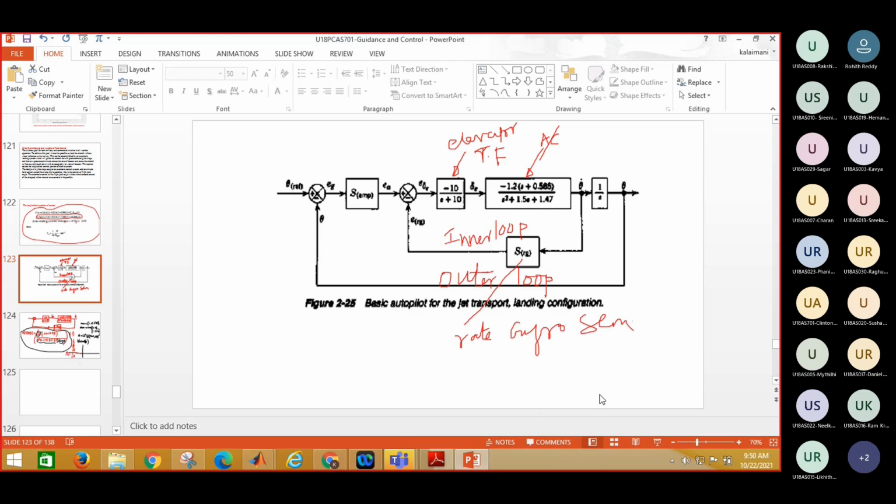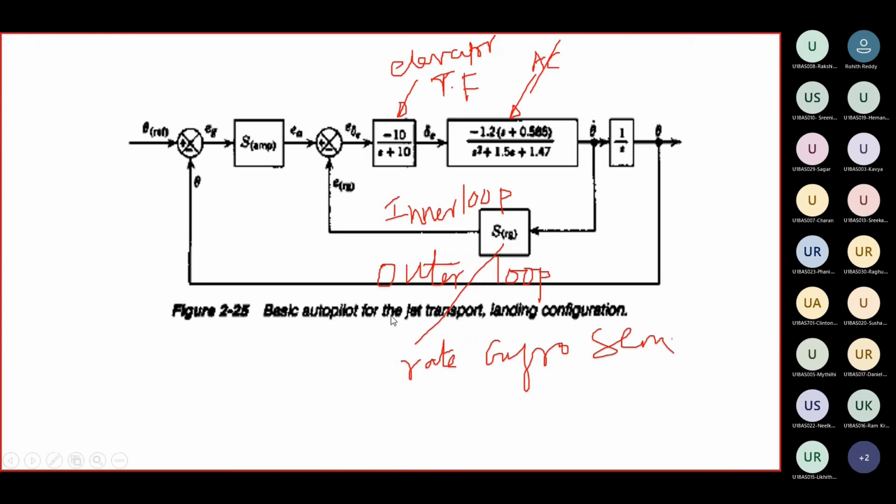So now, while sketching the inner root locus, we select your rate gyro sensitivity value. That means here this SRG, which we can consider as KRG, the rate gyro sensitivity value is 2.5. My damping ratio for the inner loop is 0.871.